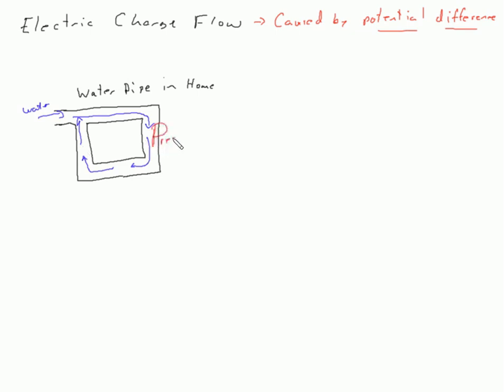So remember pressure we've talked about: the amount of force per area. So you get a lot of force per area built up inside here, a lot of pressure builds up inside the actual pipes. Outside the pipe you have just the regular air pressure, which isn't going to be as large, a little bit smaller than the pressure inside the pipes.